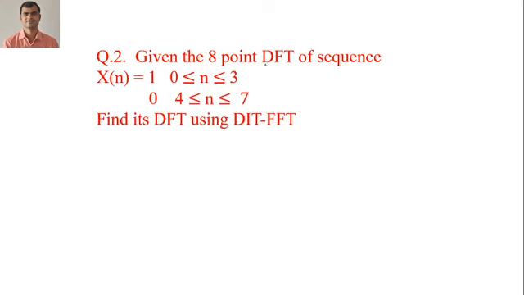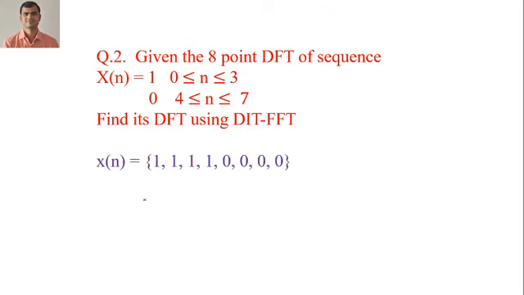So for a given 8 point DFT sequence, here it is given x of n is equal to 1 for 0 to 3, and for 4 to 7 the value is equal to 0. So what is the sequence of x of n? The sequence of x of n is 1 for 0, 1, 2, 3, and it is 0 for 4, 5, 6, 7.